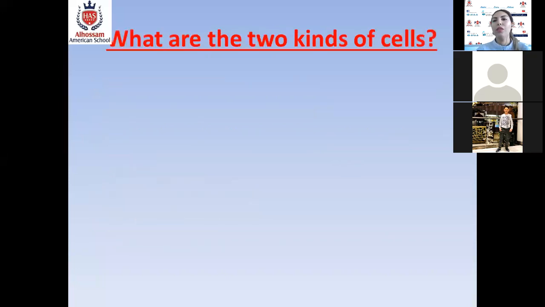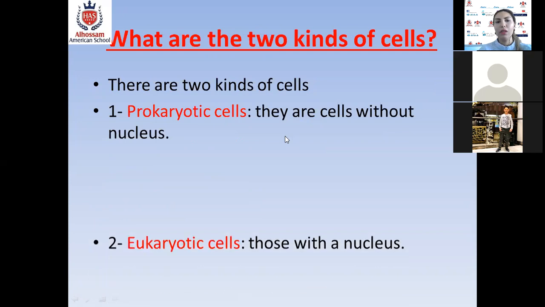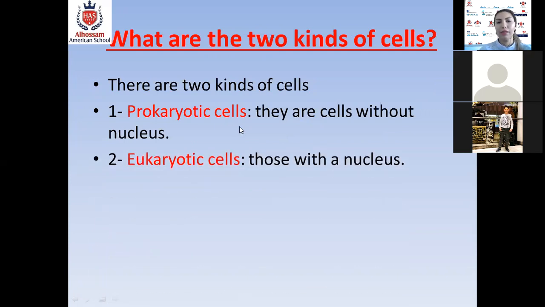What are the 2 kinds of cells? So let's start our session with that. As we know, we have 2 kinds of cells, which are prokaryotic cells, cells without a nucleus inside them, and eukaryotic cells, those with a nucleus.